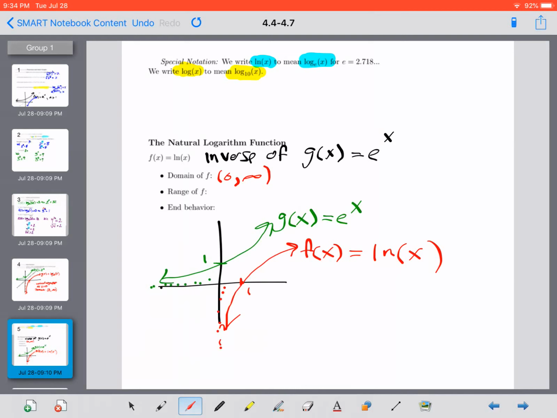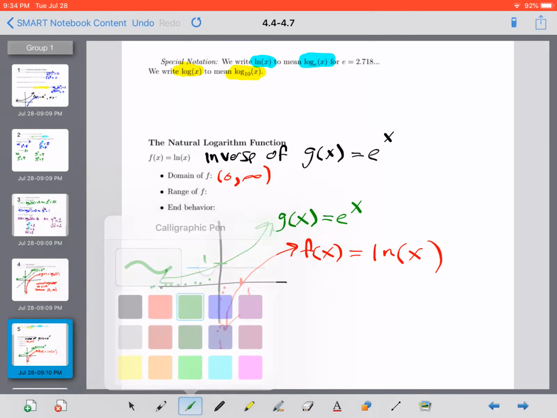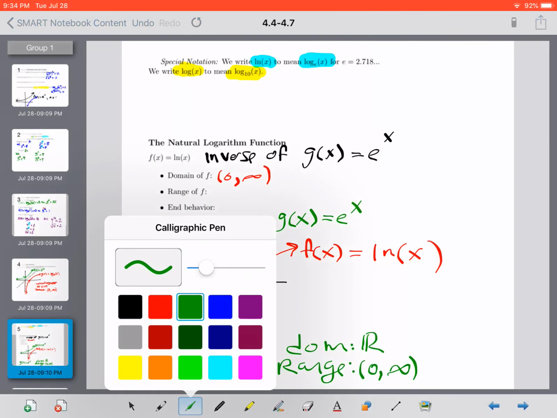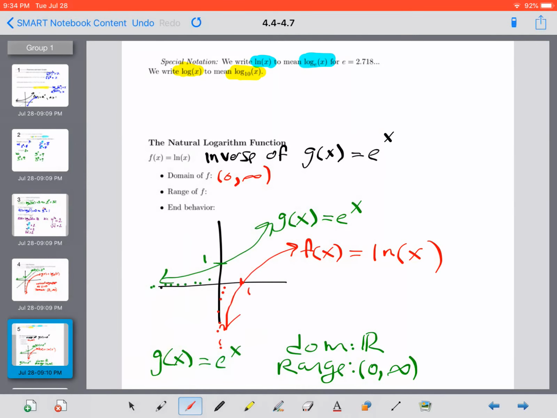Another way of thinking of this is that for the g function, the e to the x function, remember, this has domain of all real numbers and range of 0 to infinity. And so for the inverse of this, the domain and the range should be swapped. So for this function ln of x, we had seen that the domain is now 0 to infinity, and so the range should be all real numbers.